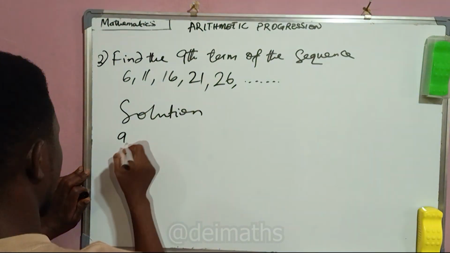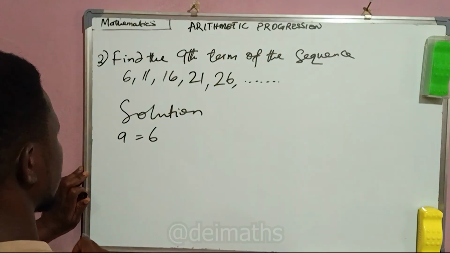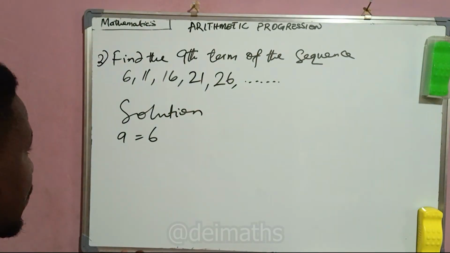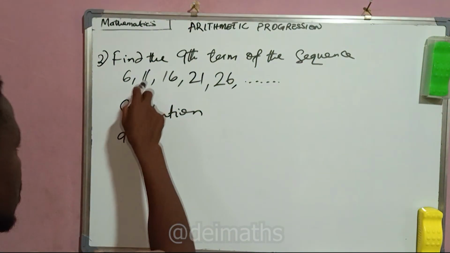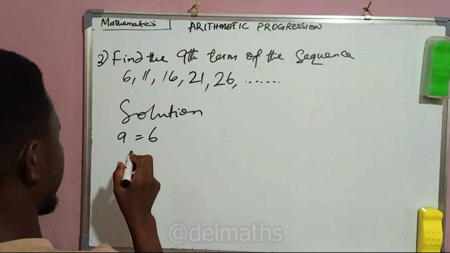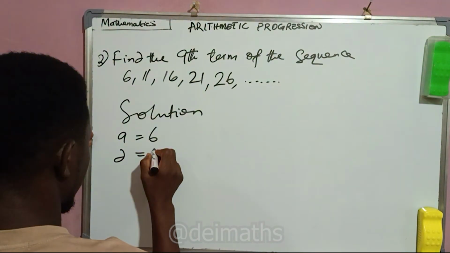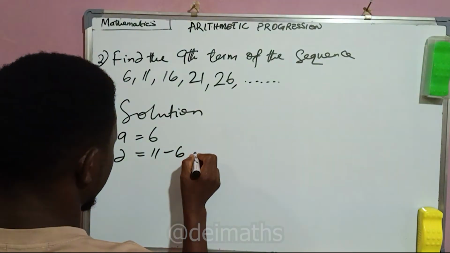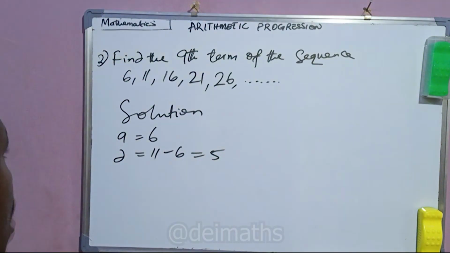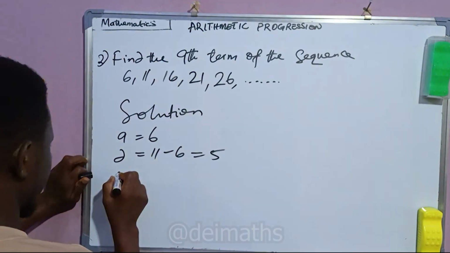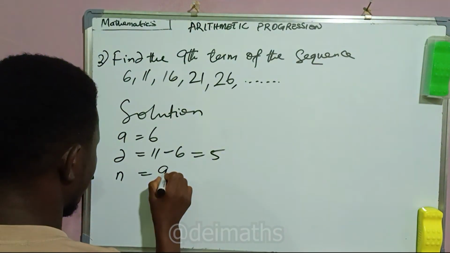We have our A as the first term, 6. So how do we find the difference? By subtracting 6 from 11, which is the second term. The difference is equal to 11 minus 6, which equals 5. We now have our difference and we are to find the 9th term. Our n is equal to 9.